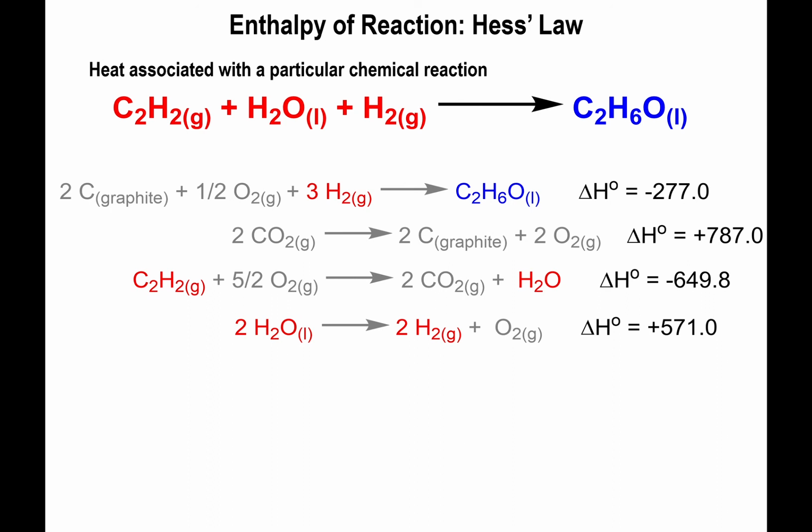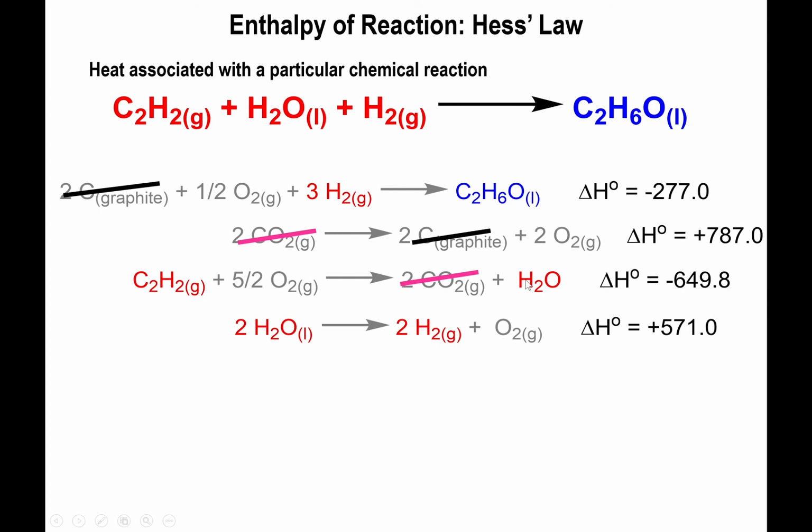Alright, now what can be seen right now is that yes, the C graphite is going to cancel out. We know that was going to happen because we made it that way on purpose. But take a look at the CO2s. The CO2s also cancel out, 2 on the left side, 2 on the right side. Then your oxygens, this is actually kind of interesting. You have half oxygen on the first equation, 5 halves oxygen on the third equation. 1 half plus 5 halves is the same thing as saying 6 halves, which is equal to 3.